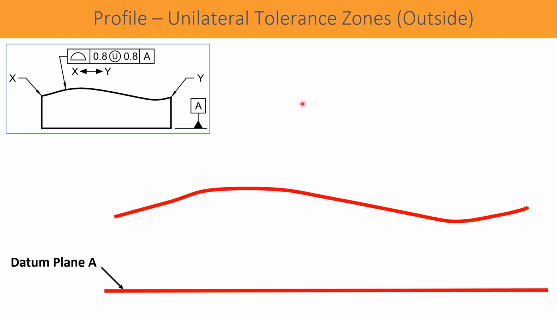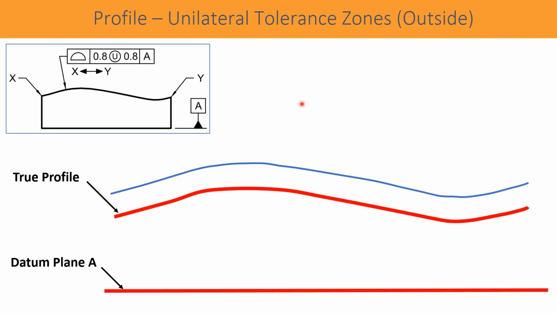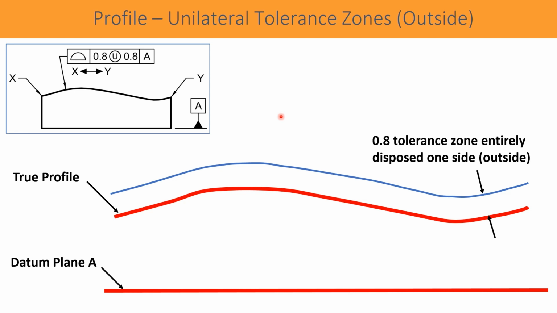It means on the positive side there is a complete tolerance zone, and there is no tolerance zone on the negative side. So this is the unilateral tolerance zone, which indicates it is on the positive side, and of course the actual profile must lie within the given tolerance zone as specified.